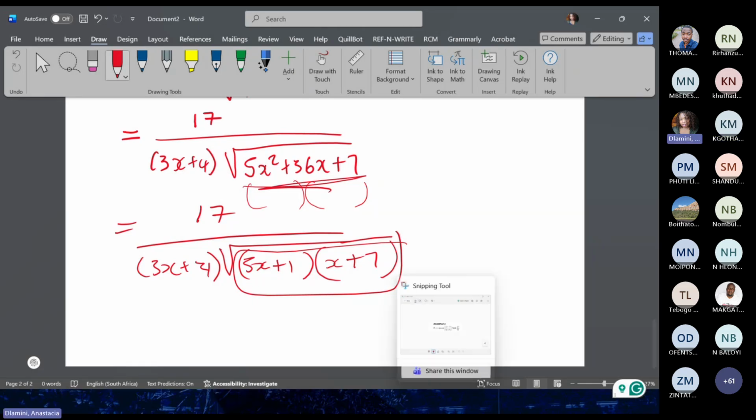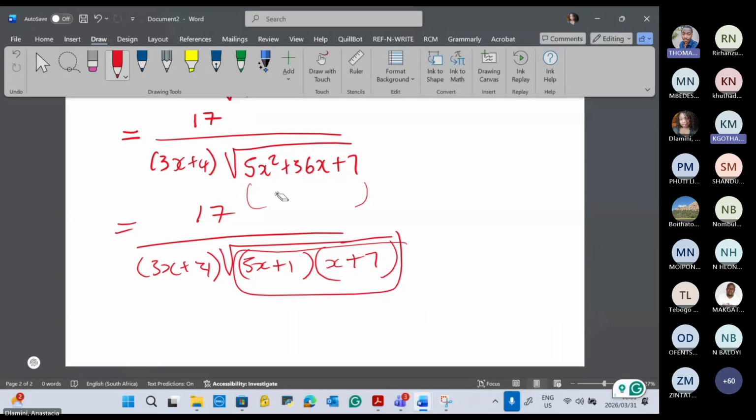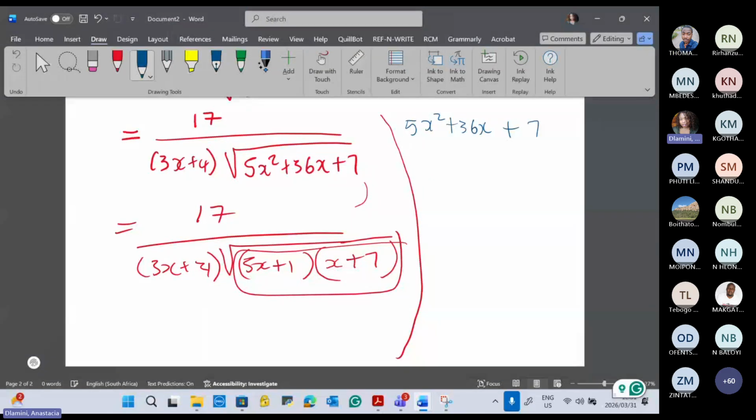Did I explain it for the last time or are you okay? Explain it for the last time, ma'am. This one is kind of different because you have to multiply the 5 with the 7, then find the factors which you add, and they give you 36.